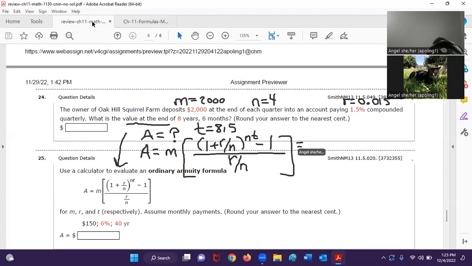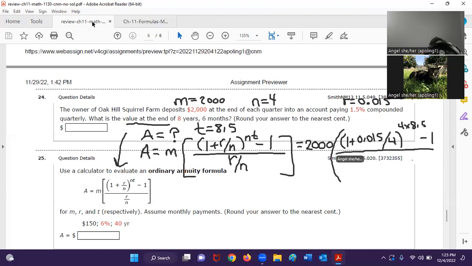So we'll plug it in, 2000 times the numerator 1 plus 0.015 divided by 4 raised to the 4 times 8.5 minus 1, and then divide by 0.015 divided by 4.